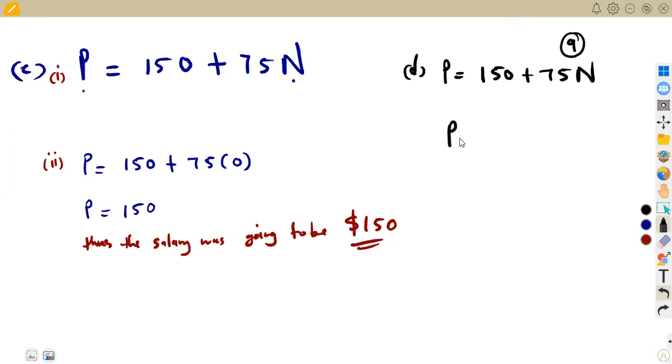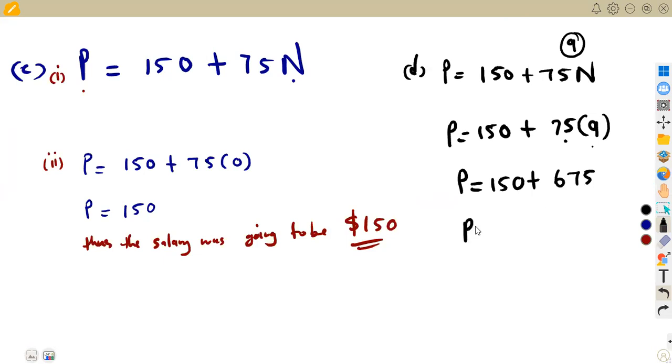So the salary for that month is going to be 150 plus 75 times N, which is 9 in this case. So our P was going to be 150 plus, if you multiply these two, that was going to be 675. Combine everything, that was going to give us 825.